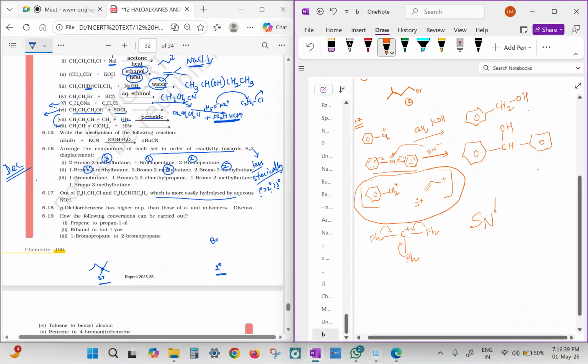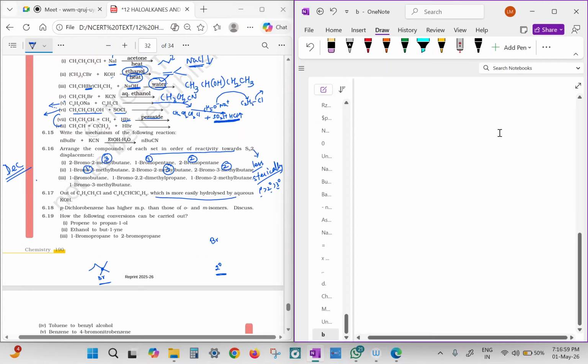So even though this first one was a primary, still it will go via SN1 because it is able to form a stable carbocation. So if there is a possibility of a stable carbocation, it will automatically go via SN1.